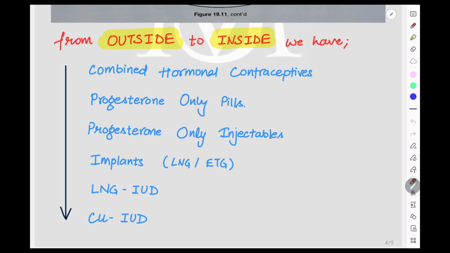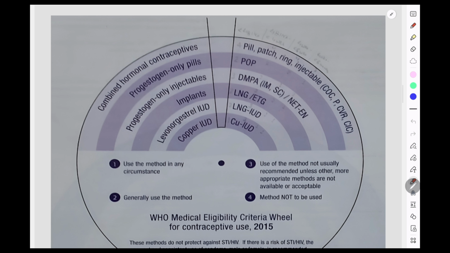IUD is intrauterine contraceptive device. So the outermost is combined hormonal contraceptives and the innermost is copper IUD.